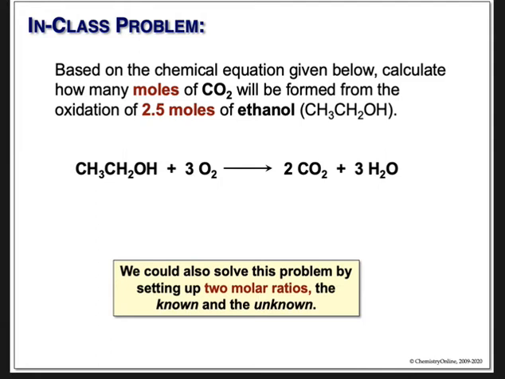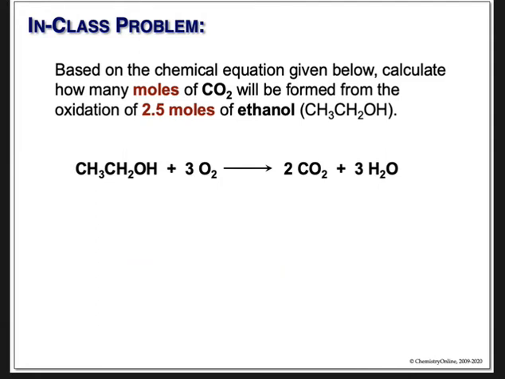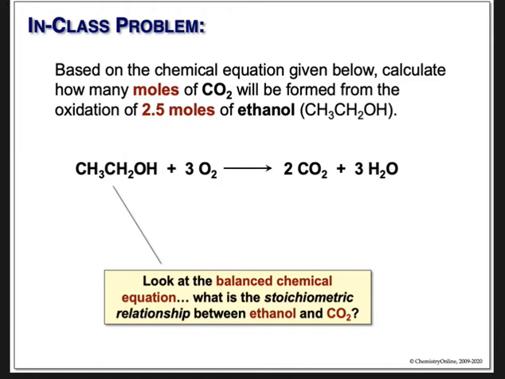For the known ratio, it's going to be the relationship between ethanol and CO2. We start off looking at the balanced equation. What's the relationship between ethanol and CO2? Well, it's 2 to 1.